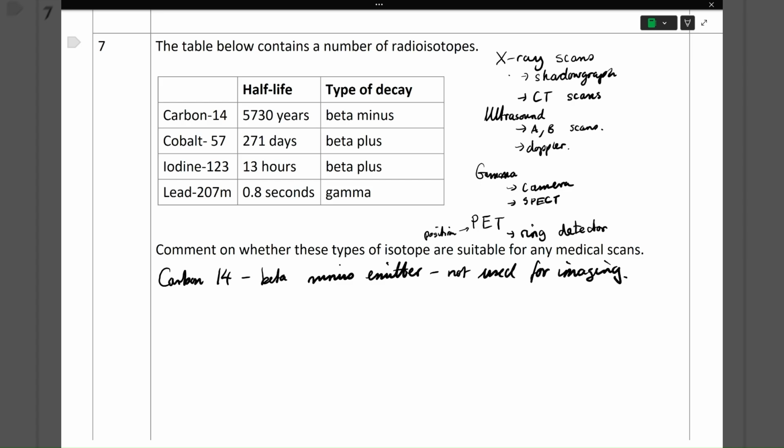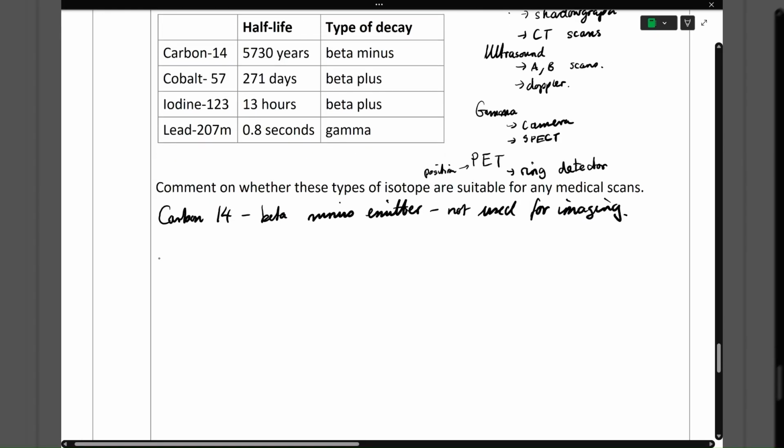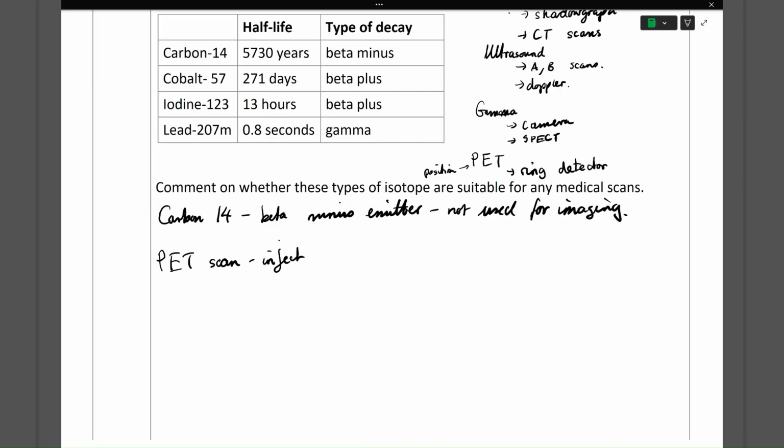So to understand this, we might want to remind ourselves of what a PET scan is. In a PET scan, you inject a beta plus emitting isotope.